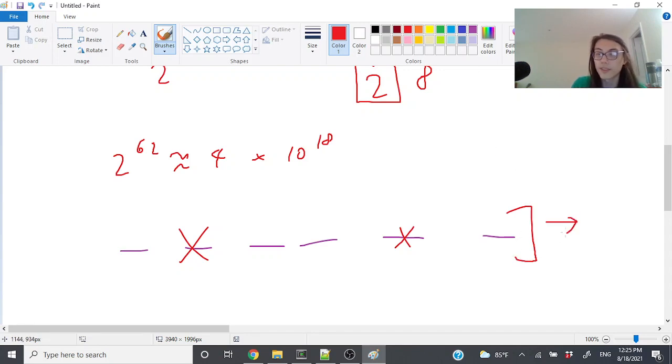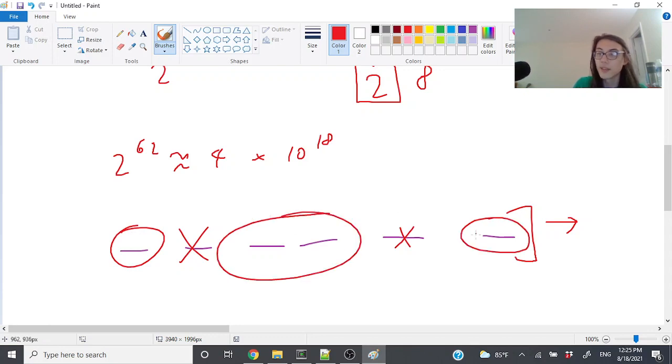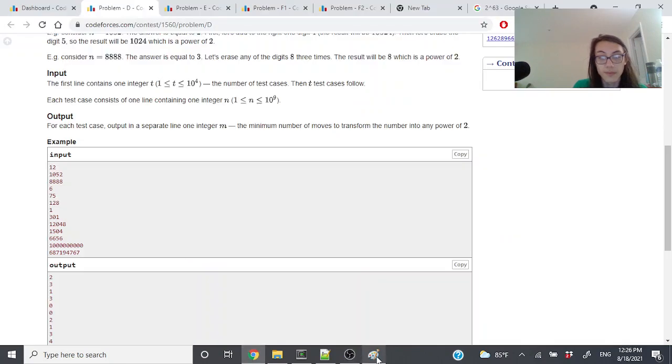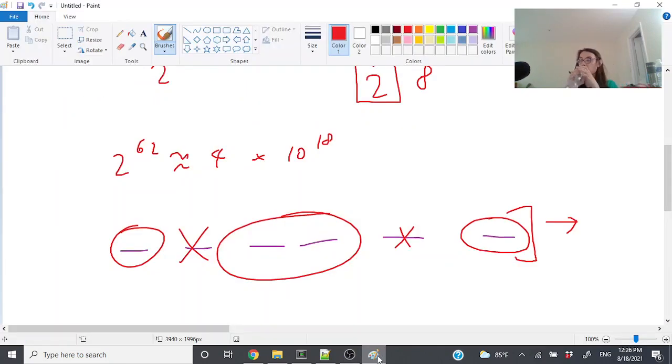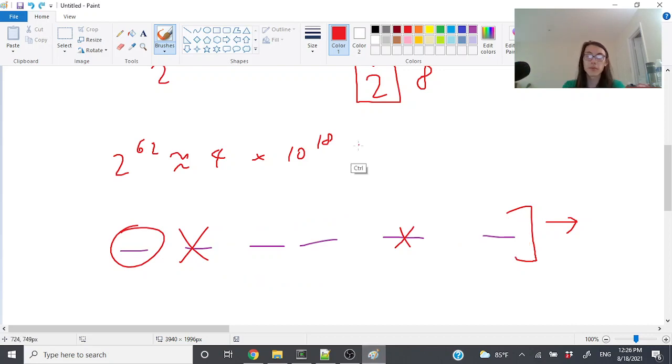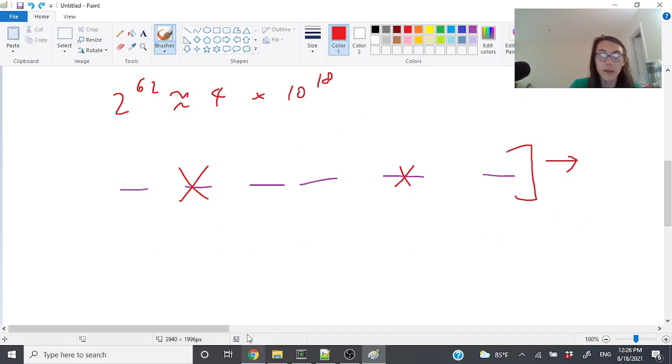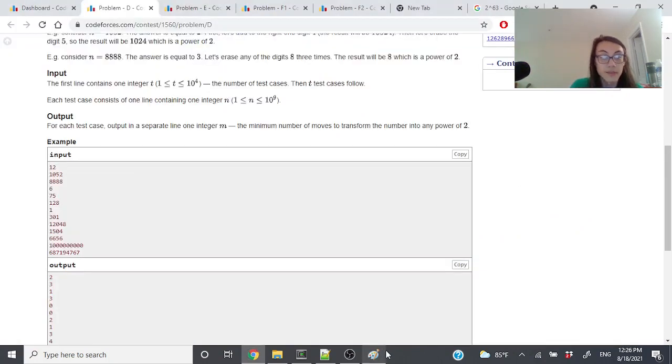Because we can only add digits to the right, the digits we keep from the original string must be the first digits in the power of 2. So we're really asking how many of the first digits in the power of 2 match up with digits in the original string.